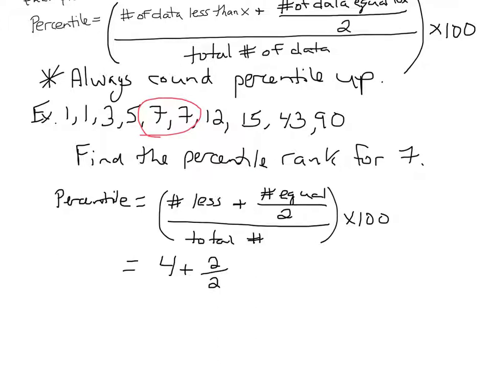2 divided by 2, all going to be divided by how many of my total numbers? How many total numbers do I have? 10. Is there 10, really? Yeah. Cool. Did that by accident. Divided by 10, all times 100.